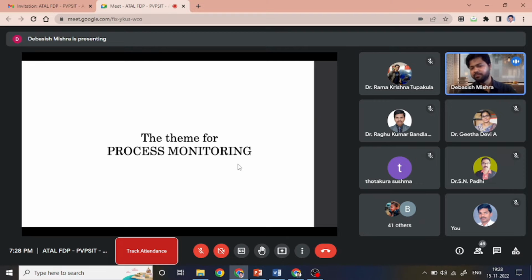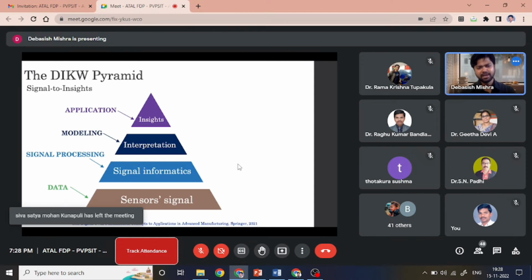So what is the theme for process monitoring? Now that we have the idea of why monitoring is required, how do we do the monitoring? We have the DIKW pyramid, which stands for data, information, knowledge, and wisdom. It is in the form of a pyramid because we start from the bottom layer, which is the data.